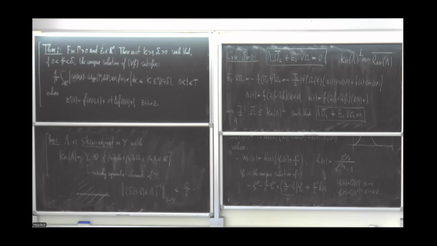It's the same argument, because when you apply 1 minus L to omega 2 bar, you can see that you are still orthogonal to, you are still in the range of lambda, and therefore you can again solve.